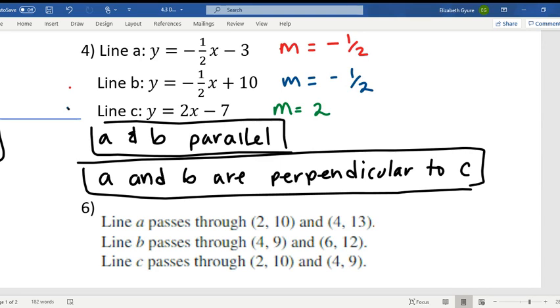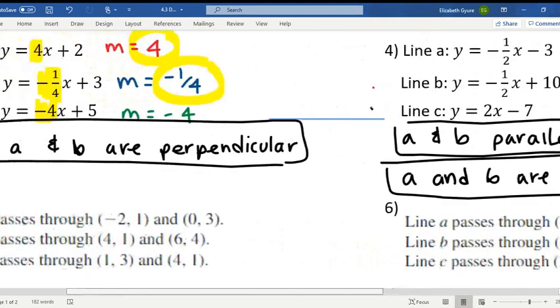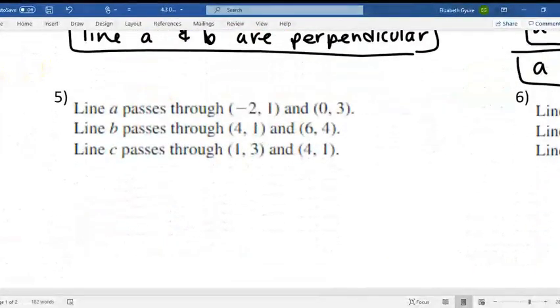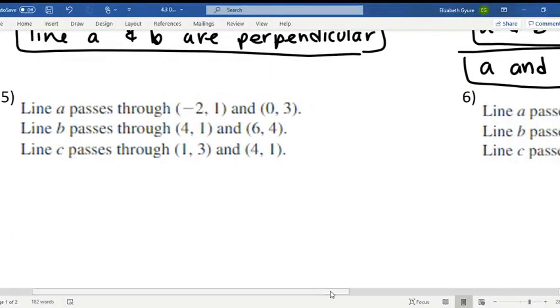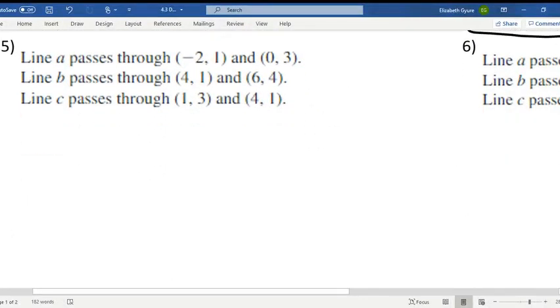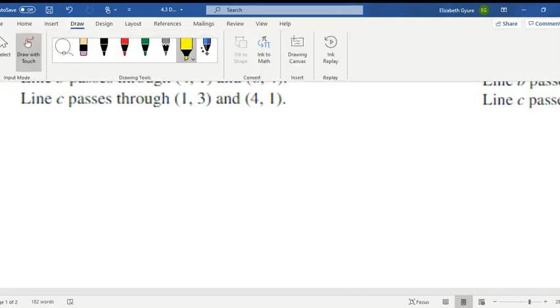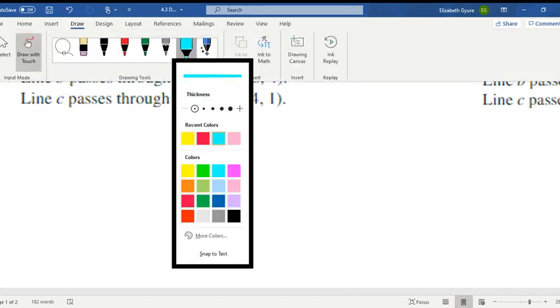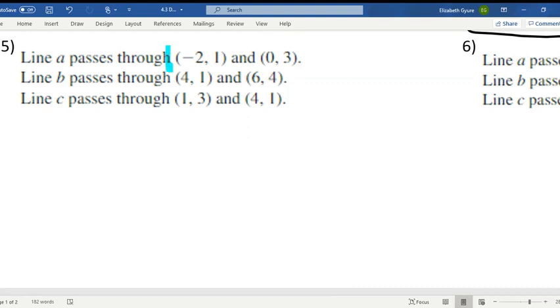All right, let's look at number 5. This time, I'm giving you points. If I'm giving you points, can you calculate your slope? Yes, we're going to use the slope formula with these. We practiced these yesterday too. So let me color code this a little bit for us here. Let's look at line A, which is the points -2, 1, and 0, 3.